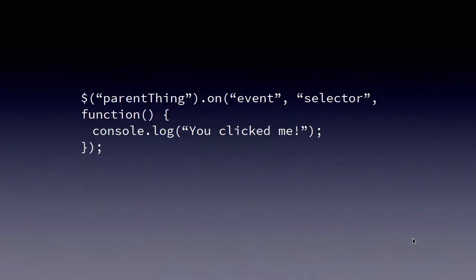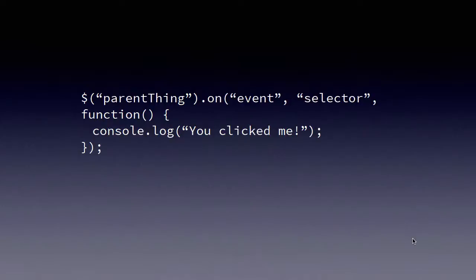So basically, if I clicked inside parentThing, but only if it matched that particular selector. What's nice about this is that because parentThing is going to exist when I set this up, I could change things inside parentThing, change it via Ajax or any method really at all.